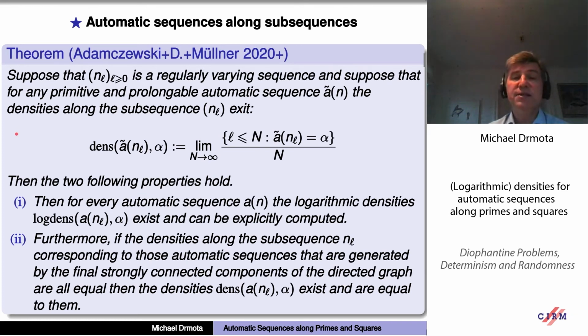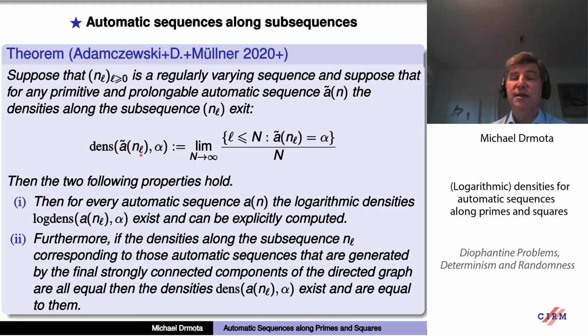So this theorem is elementary but highly involved, so I will not go into detail. But for example, it shows that we get the result for an automatic sequence along the trivial subsequence n.